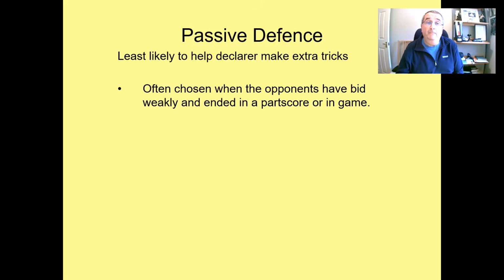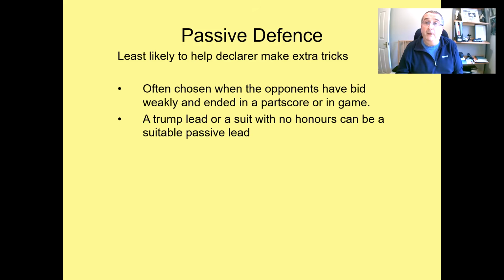And they're often chosen when the opponents have bid weakly and perhaps ended in part score or game. And sometimes a trump lead or a suit with no honors can be a suitable passive lead, can be better than leading away from an honor, for example, which is generally a more active lead.